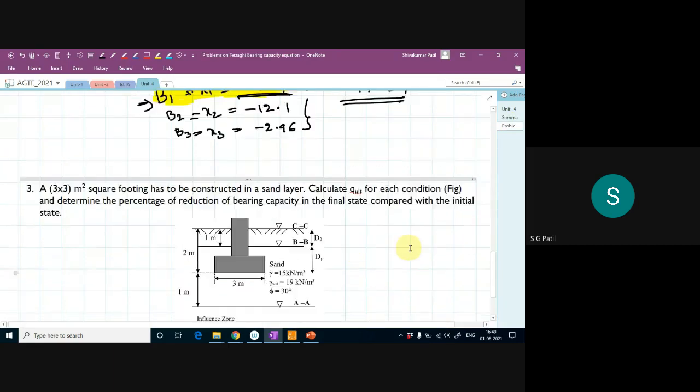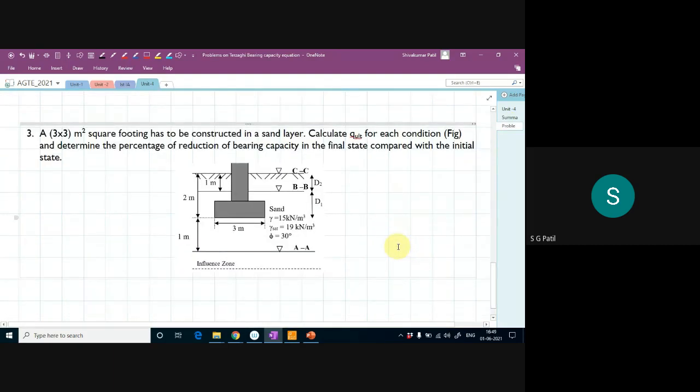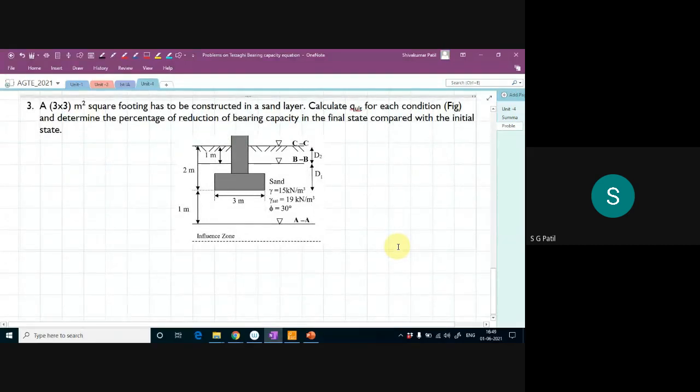So let us go to the problem and solve it. A 3 meter by 3 meter square footing has to be constructed in a sandy layer.